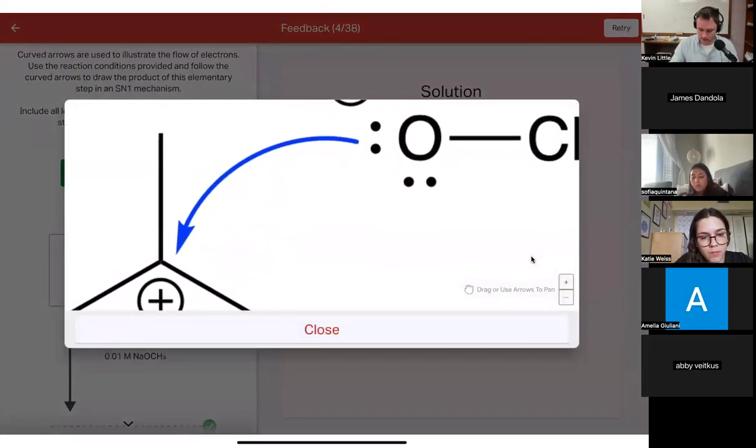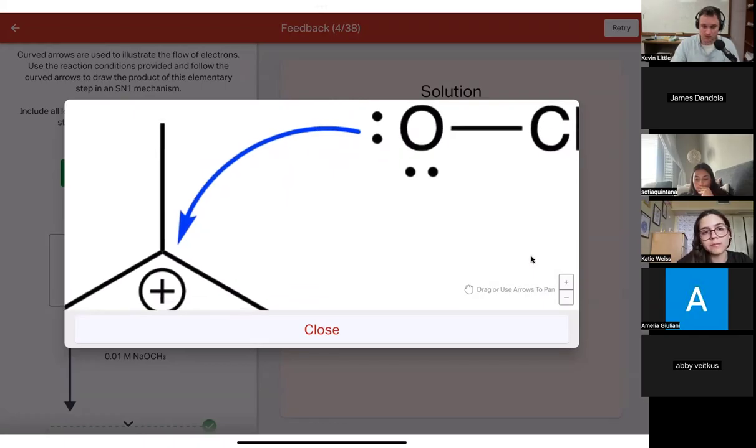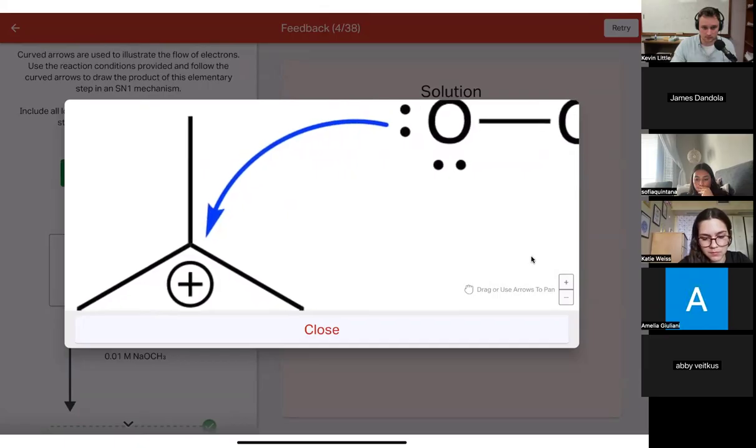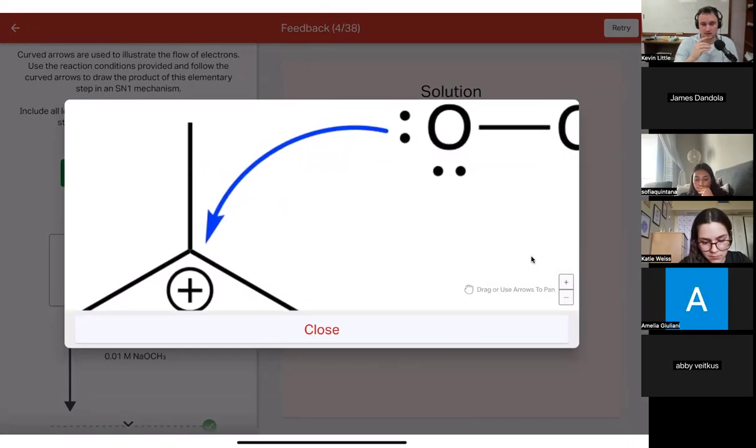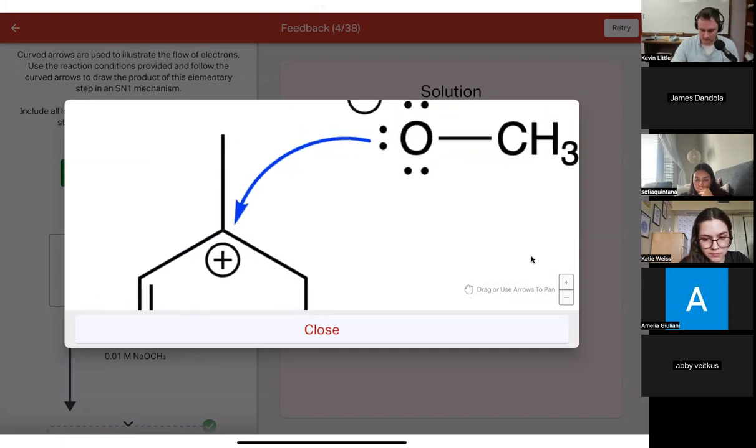The arrow shows me that these lone pair electrons are being given very specifically to this middle carbon here. These arrows have to be very specific. It is saying that this carbon is the one having the electrons shared with it, so I'm forming a bond with that carbon. Is that clear? It is the arrow that is telling me that.